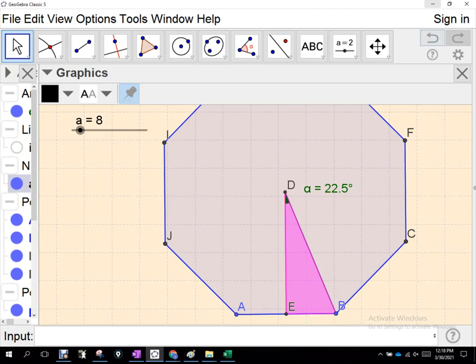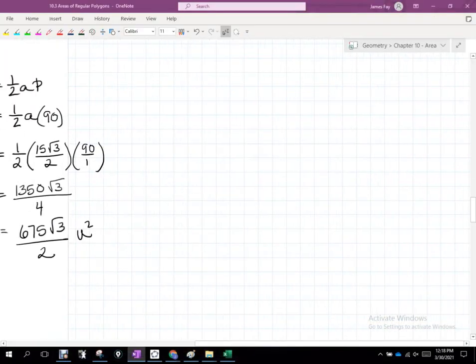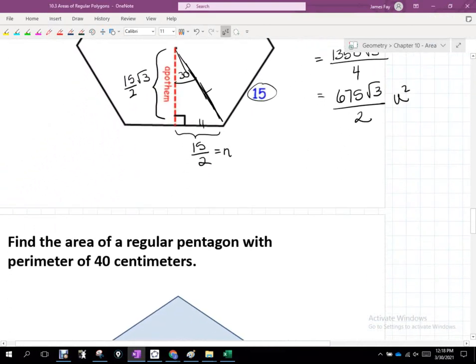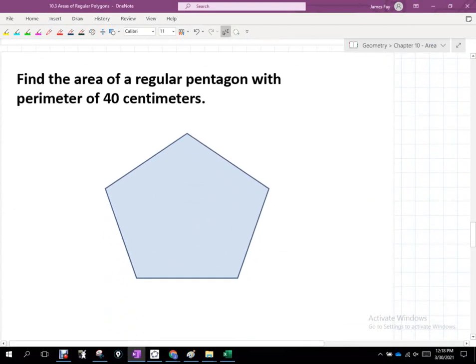Is that okay? All right, so as we move on, doing a couple other examples, you're going to see a lot of questions that deal, like I said, with those three figures. But there's nothing wrong with a pentagon. So if I'm going to do a pentagon, I'm going to draw my apothem and my radius. In this one, they are direct with telling you what your perimeter is.